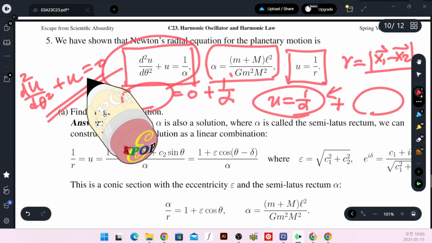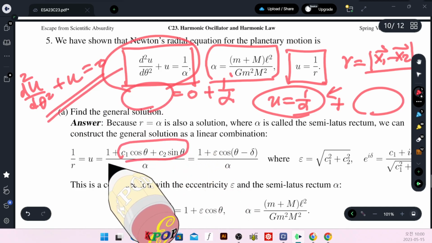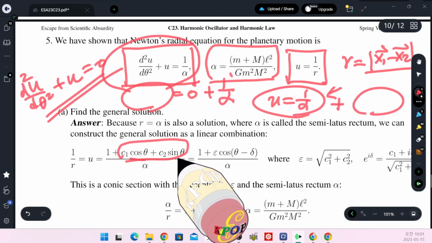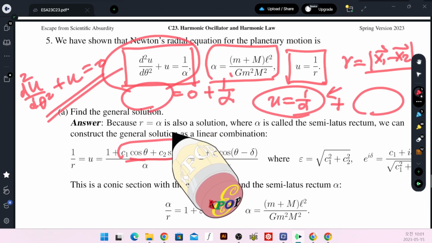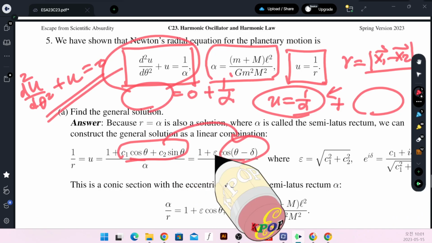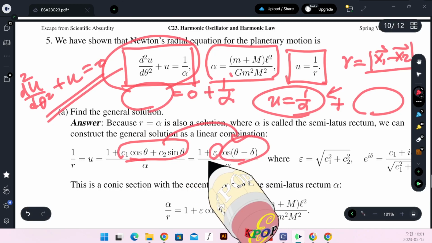We know the answer. That is a linear combination of cosine and sine. We know that sine and cosine of the same period can always be unified into a single sinusoidal function up to an overall factor called the amplitude.